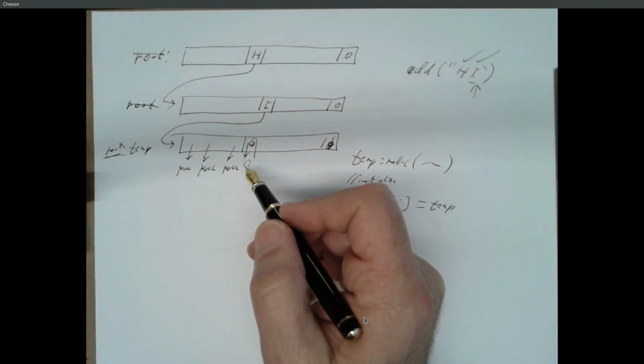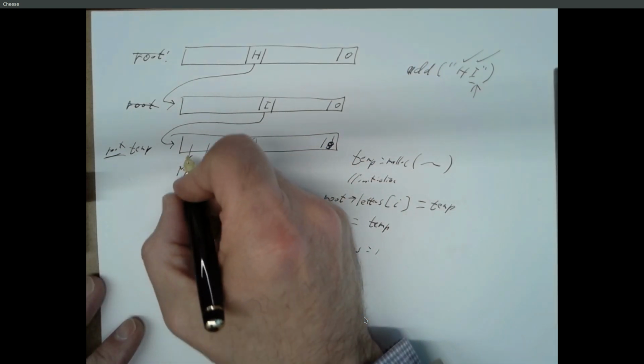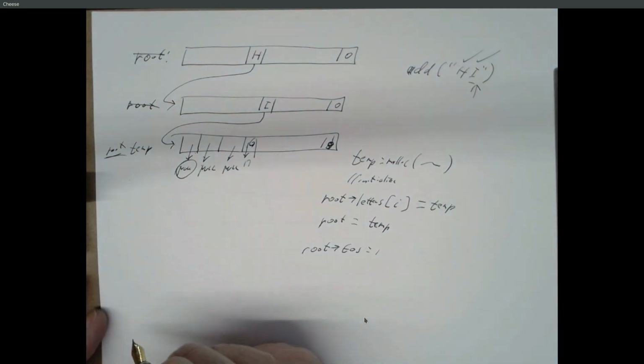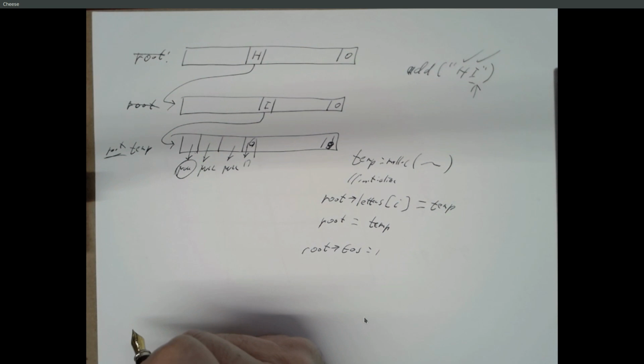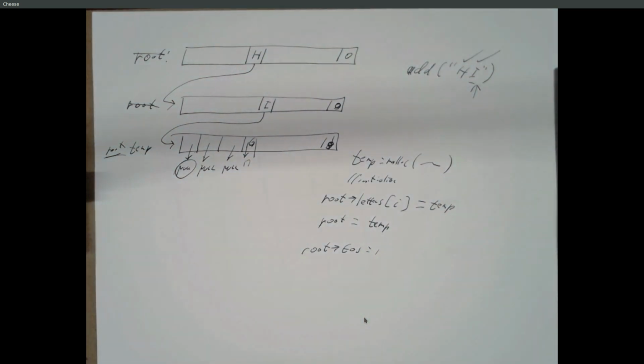Let's check location 17, you're going to segfault. So if you don't have something stored, you want to make sure that each of these pointers is initialized to null, because that's how you're telling that there's not a word stored. Same way you want to set the EOS equal to 0, because that's how you're telling that there's not a word that ends there.